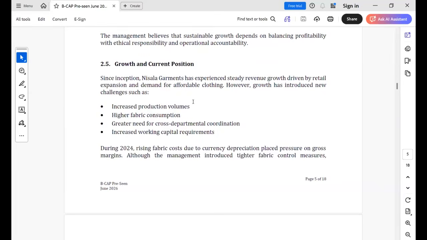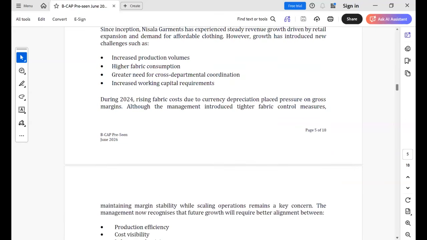On par with the increase of production volume, you have to consume a high amount of fabric, and you also need to strengthen the interdepartmental cross functions and proper coordination. Together with the increased volume, you need more raw material, right? So as a result, you want more working capital. So there is an increased working capital requirement. So those are interconnected.